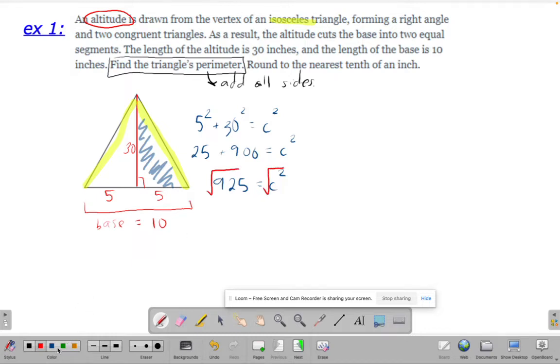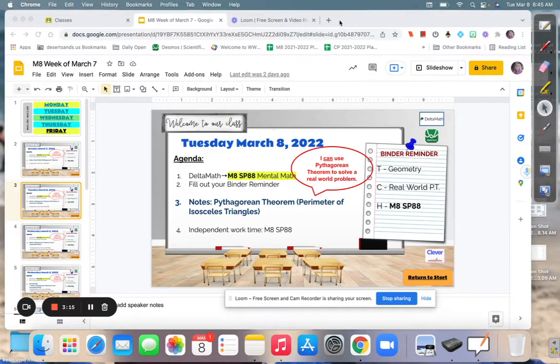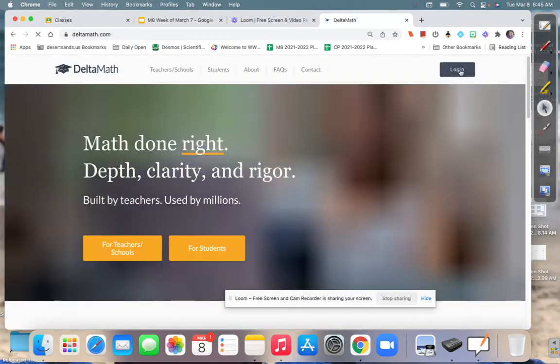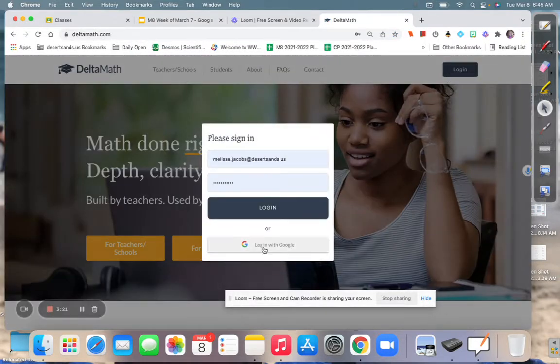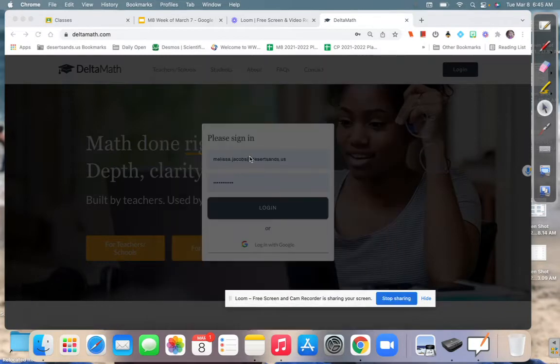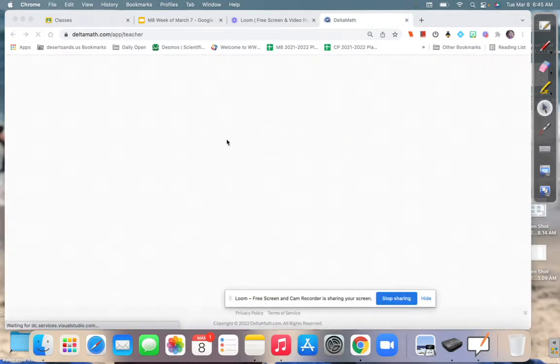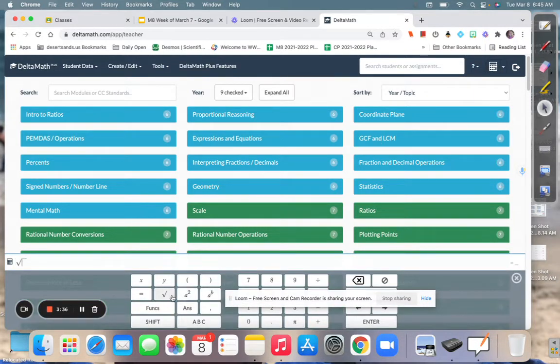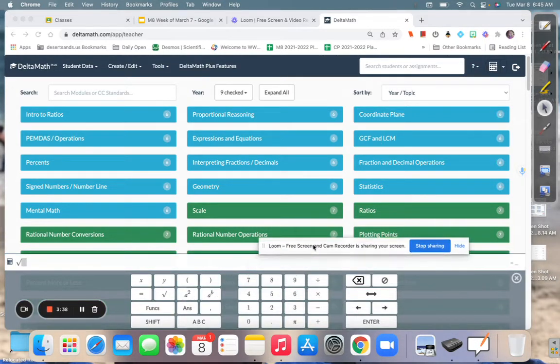And so we're going to go to the calculator in Delta Math and type that in. Okay, so square root, I believe we said 925.